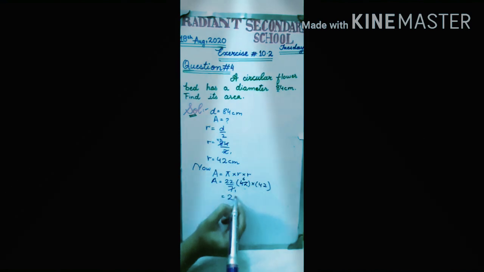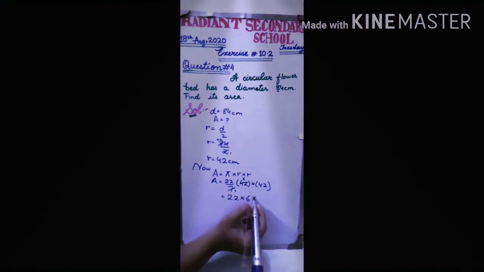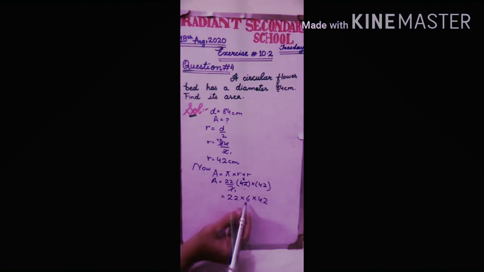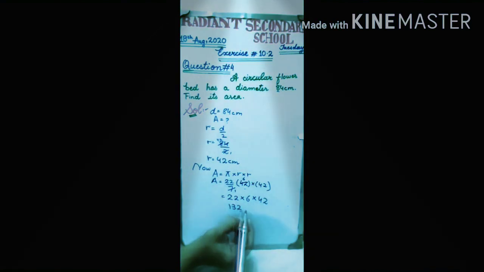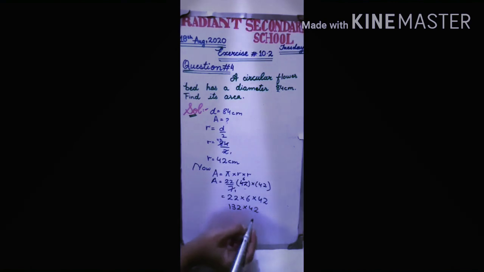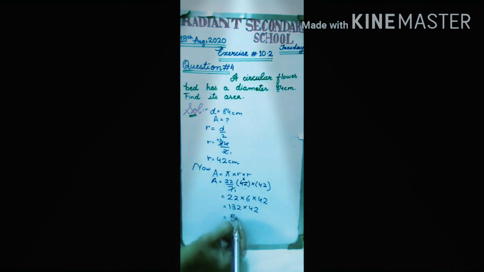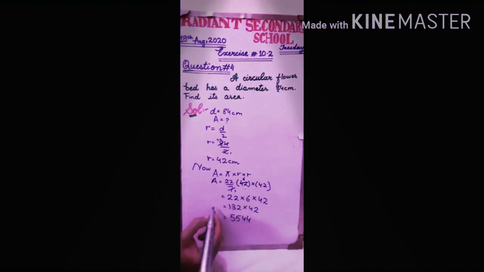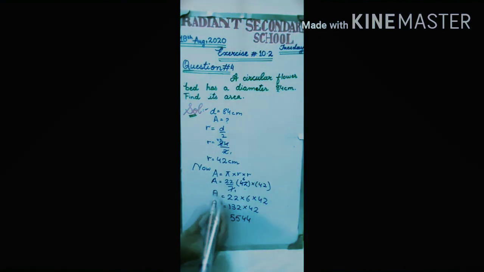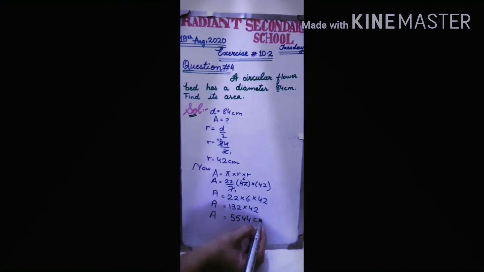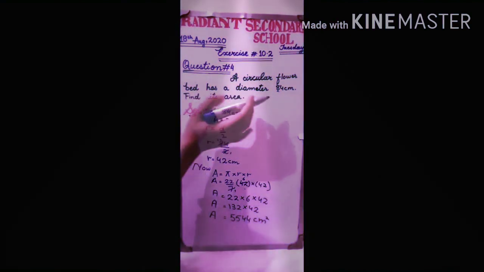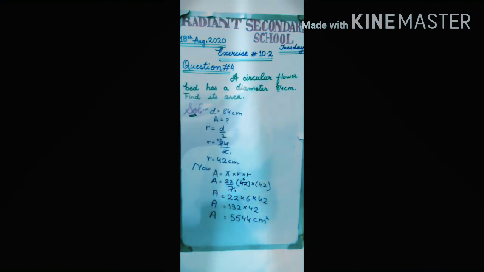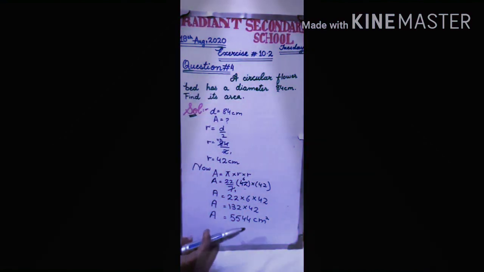Now remaining is 22 multiplied by 6 multiplied by 42. Now 22 multiplied by 6 will become 132. 132 multiplied by 42 will become 5544. And that is our area. Okay. Now for the area, you have to write the unit here, centimeter square. Because in the question the diameter is given in centimeter, that's why our area will become centimeter square.